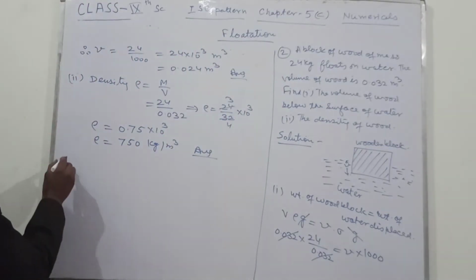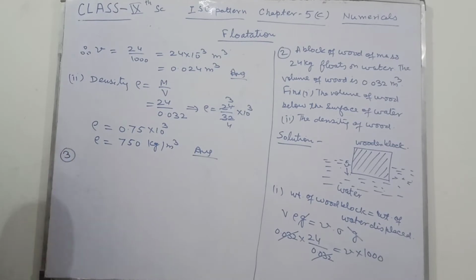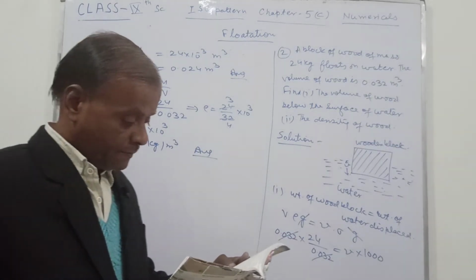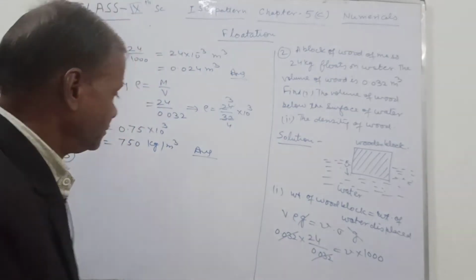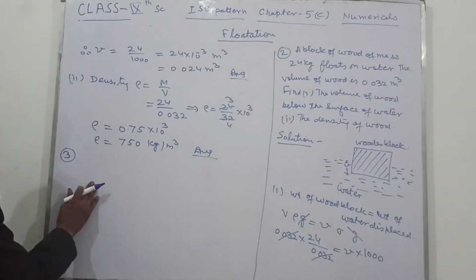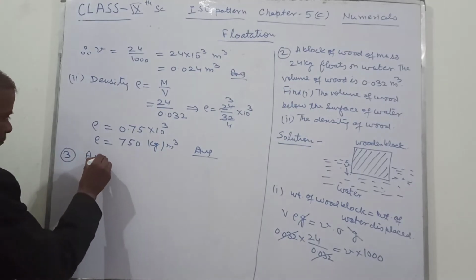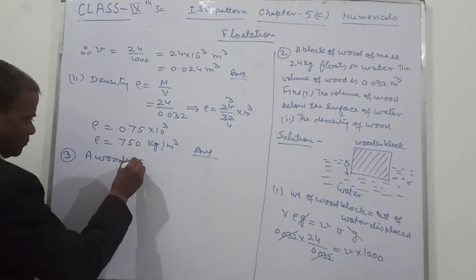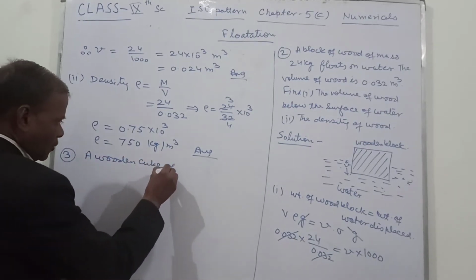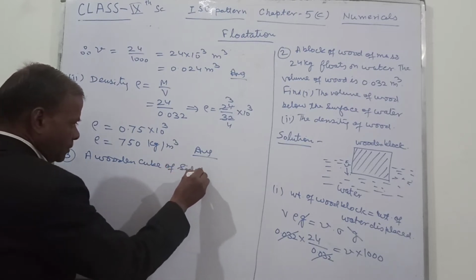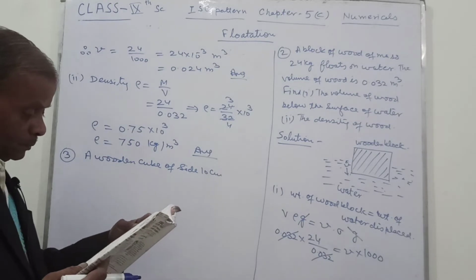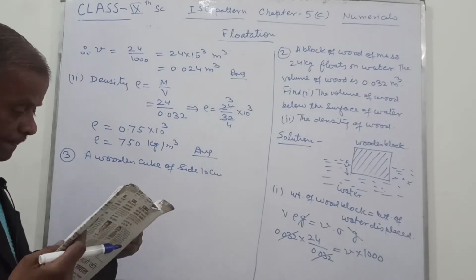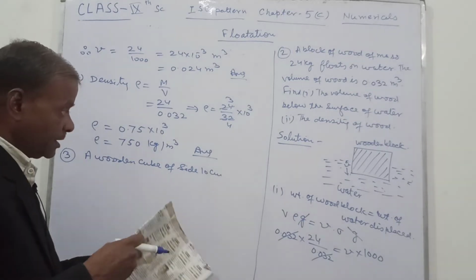Now question number 3. Question number 3: a wooden cube of side 10 centimeter has mass 700 grams.